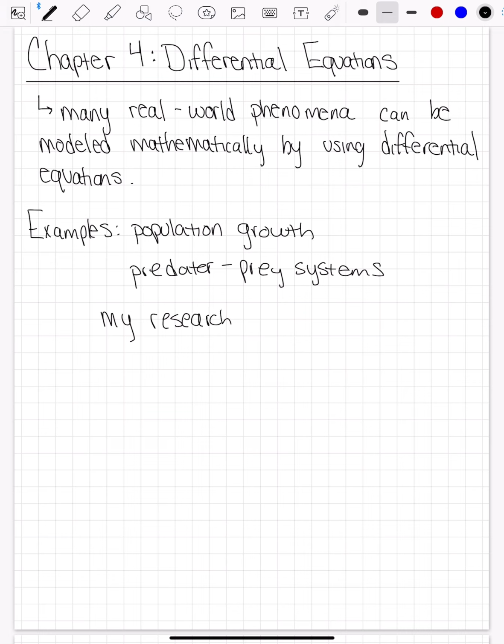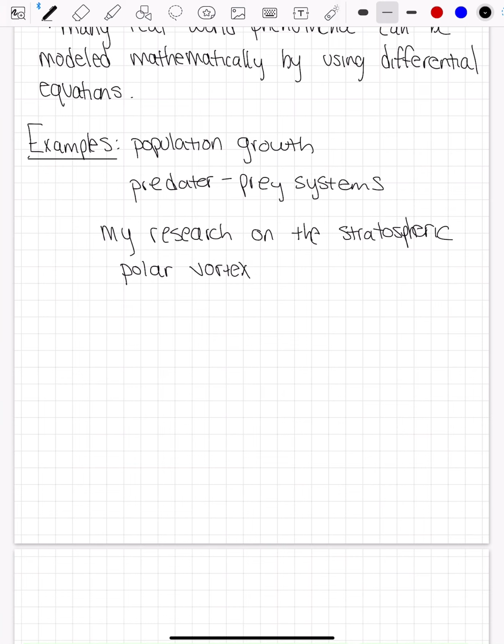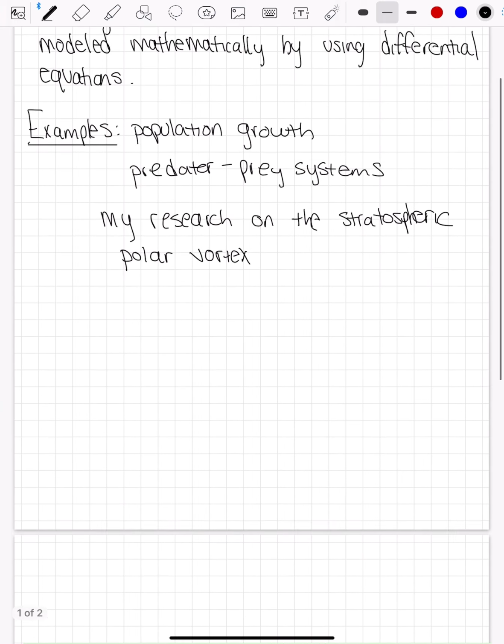The model that I was studying was actually a system of 3 ordinary differential equations. You can either have ordinary differential equations, which means that it depends on one variable, and partial differential equations, which involve derivatives with respect to more than one variable.